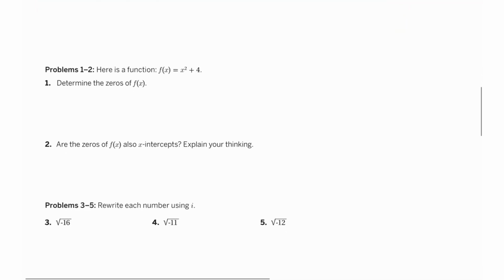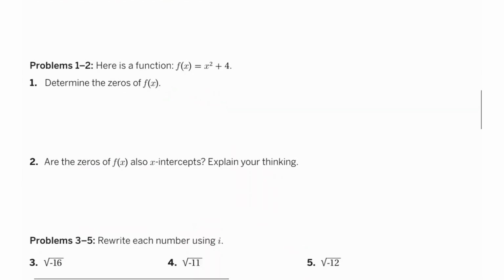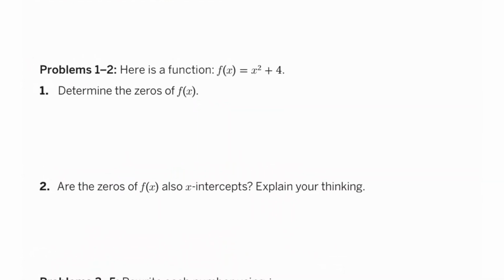For problems number 1 and 2, we have a function f of x equals x squared plus 4. Determine the zeros of f of x. To determine a zero, I'm just plugging in 0 for our output, or our f of x. In that case, I'm going to subtract 4 from both sides.